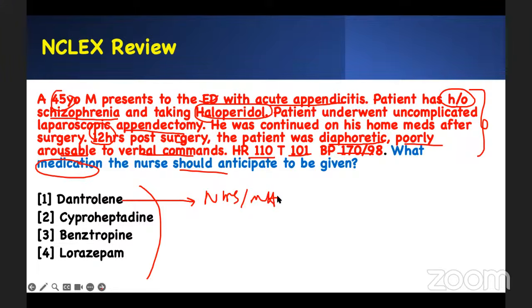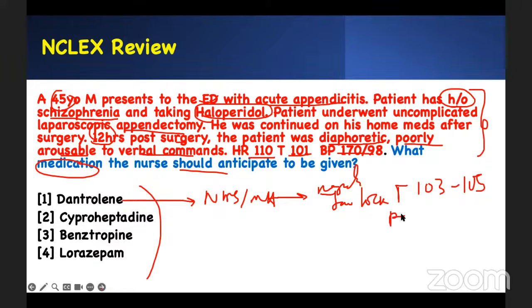If I want you to pay attention to malignant hyperthermia, what would I tell you? Rigidity. Their jaw will lock up. I will give you a temperature of 103 to 105. Do you see a temperature like that? There is no temperature consistent with that. What else would I tell you?